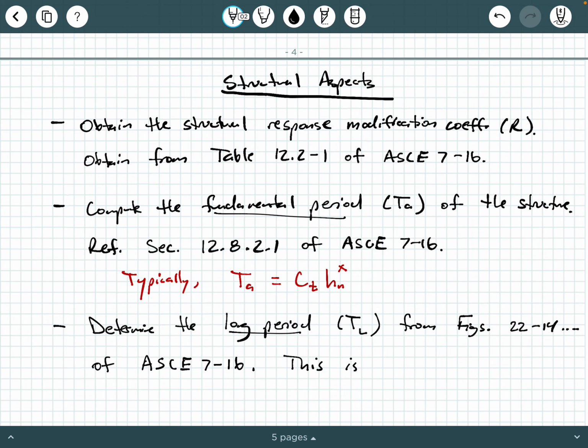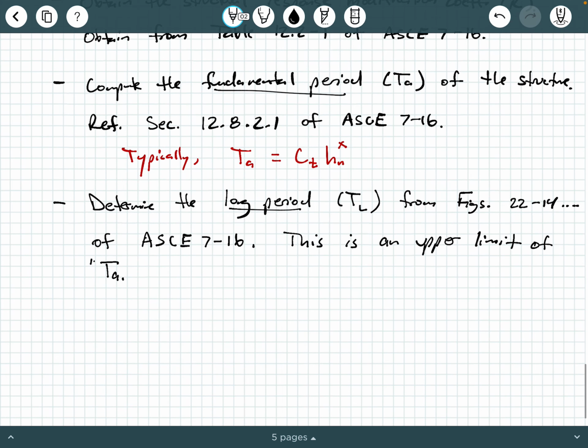This is an upper limit of T sub A, okay? So you basically calculate this T sub A value and you cannot exceed the long period, okay?